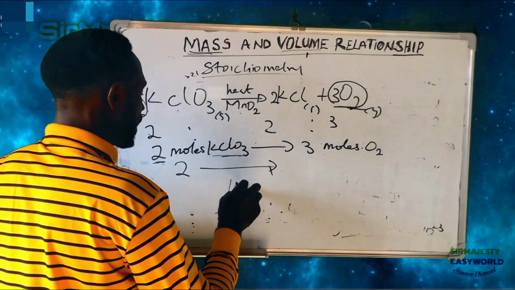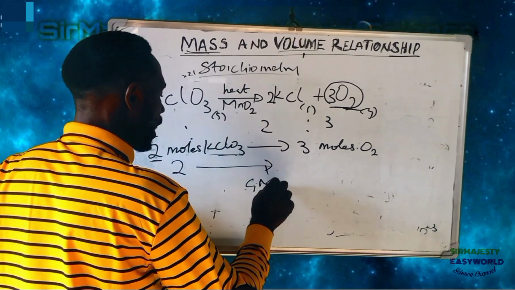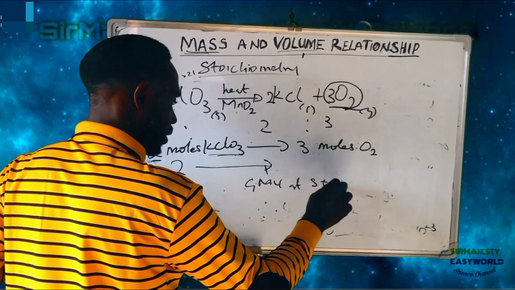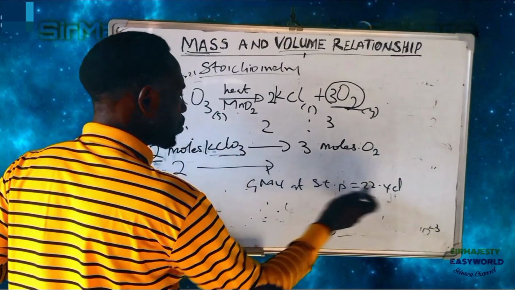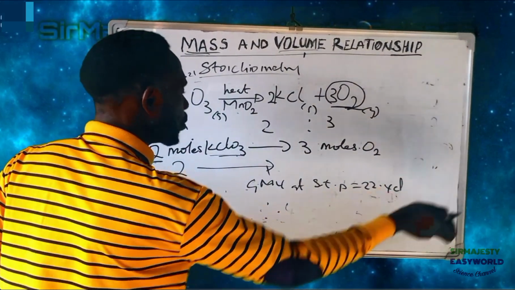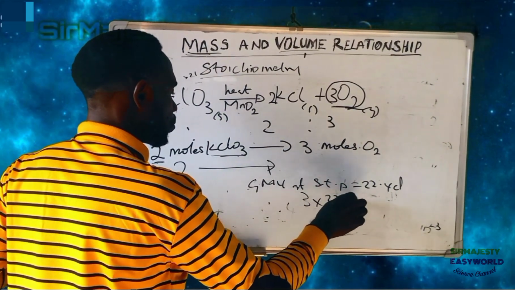So remember that 1 mole of a gas, in other words, gas molar volume at STP, is equal to 22.4 dm cubed. That means 1 mole is 22.4. Then 3 moles will give us what? 3 moles will be automatically 3 times 22.4.